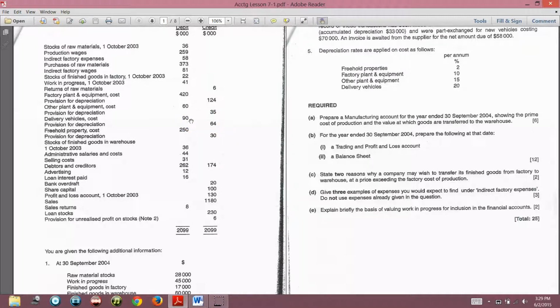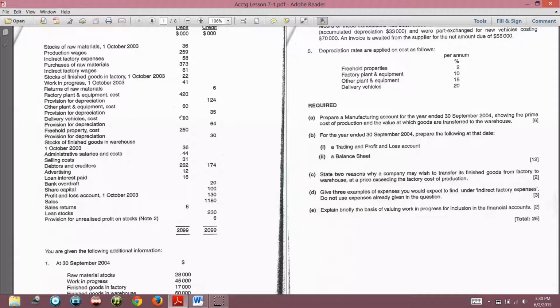So they are saying that some vehicles were bought. At the end of the year, some delivery vehicles were sold and others were bought. The vehicle sold had cost 40,000.